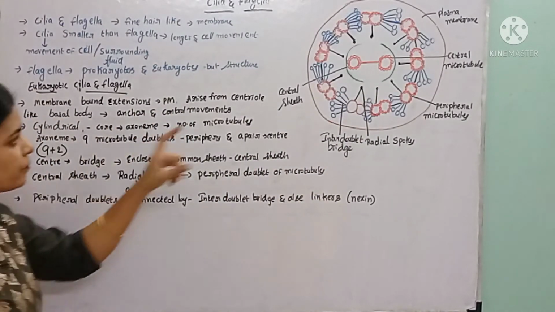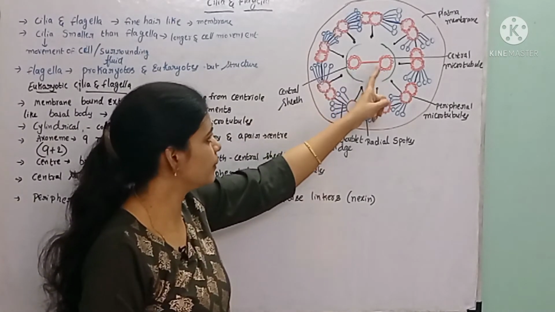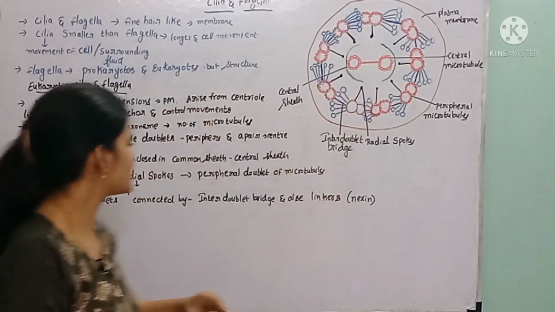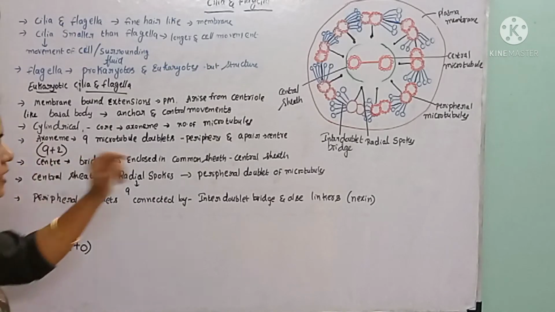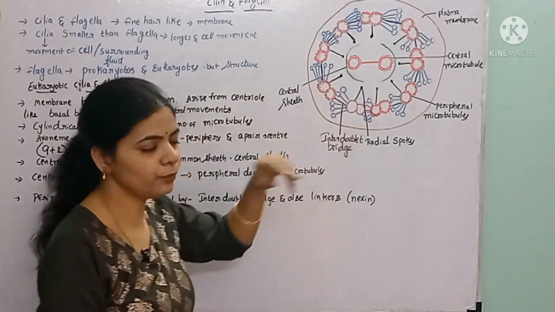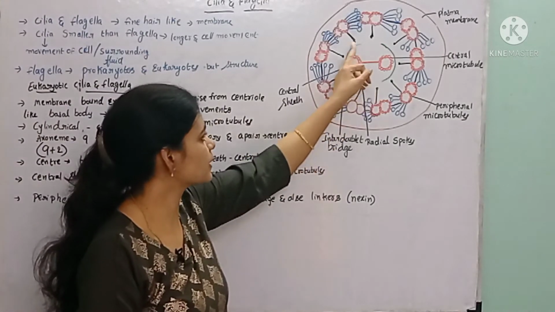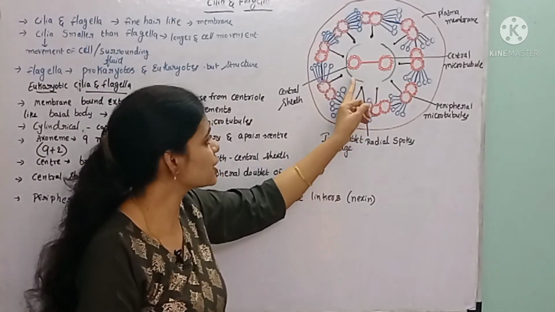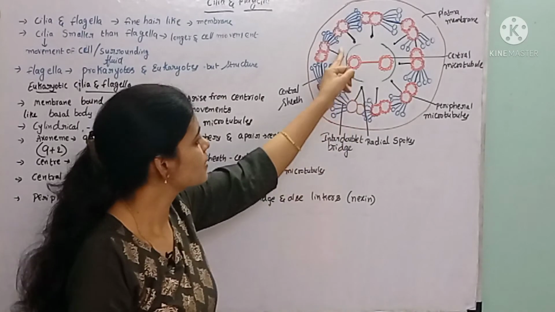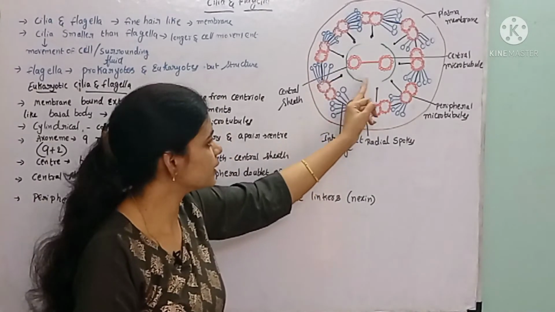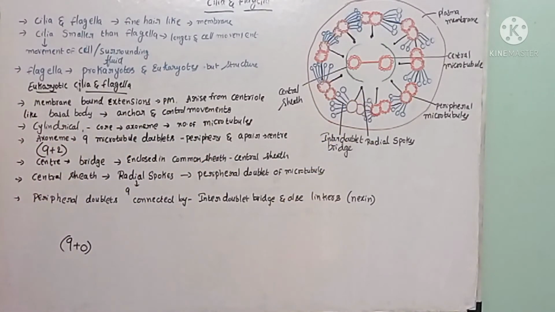At the center, these microtubules are connected by means of a central bridge. There is a bridge connecting the 2 microtubules, and these 2 microtubules are covered by a central sheath. This green one is called the central sheath that covers the central microtubules.